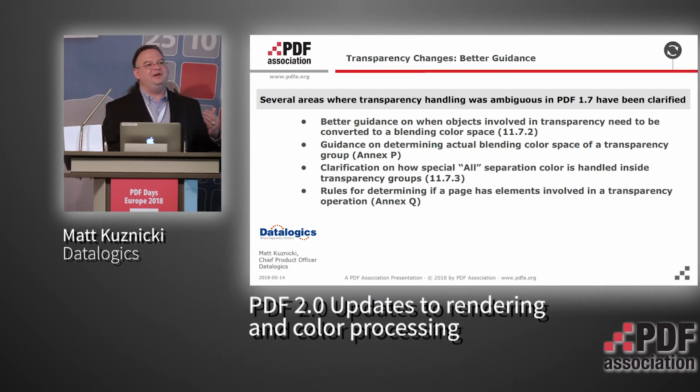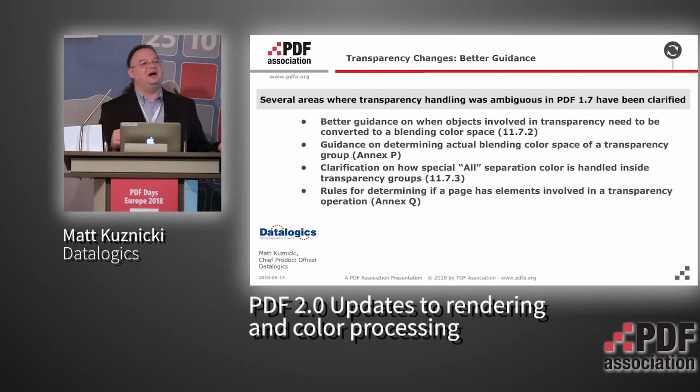So there was a lot of ambiguity on how to handle the All separation colorant when it came to transparency and transparency groups and what the meaning of this was when it needed to be converted into a blending color space. That's been clarified.